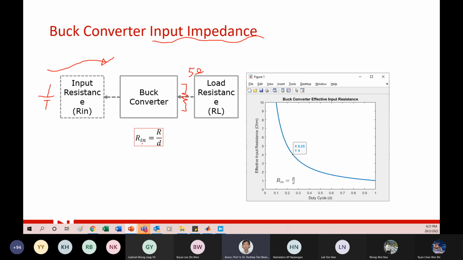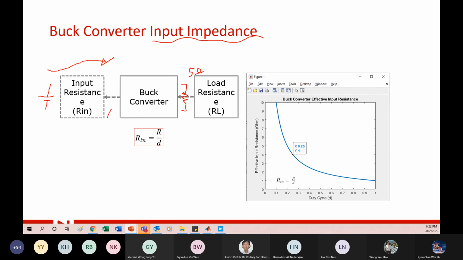Now you can see the R in, the input impedance. That means what the source sees actually depends on your load resistance divided by your duty cycle. That is what your source sees as the buck converter input impedance.